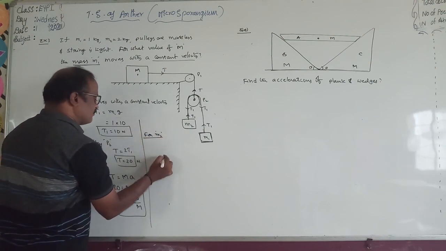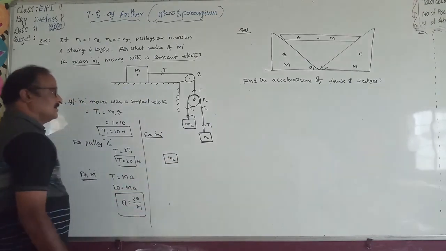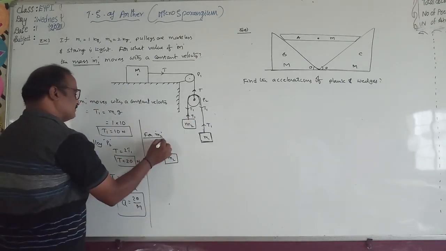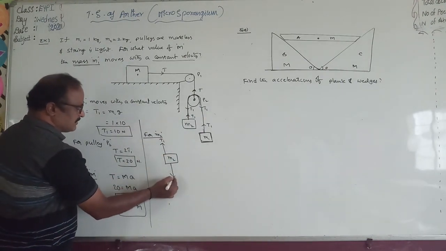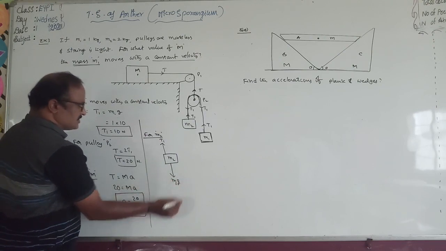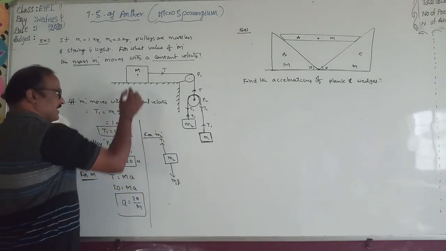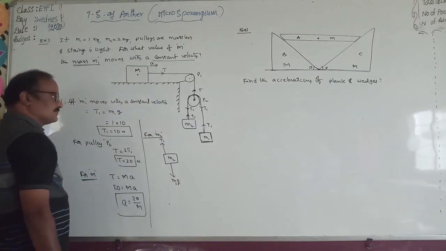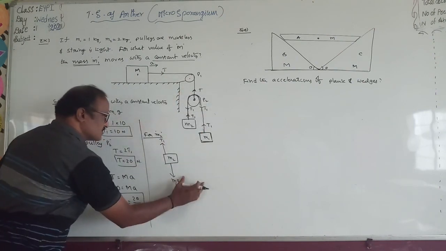Free body diagram of M2. Take this M2 like this. The upward force acting on it is T1, right? Next, its weight is M2G downwards. As the block is moving forward with an acceleration A, this total system also moves downwards.